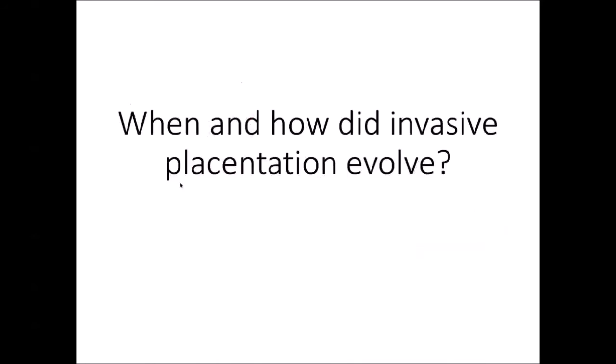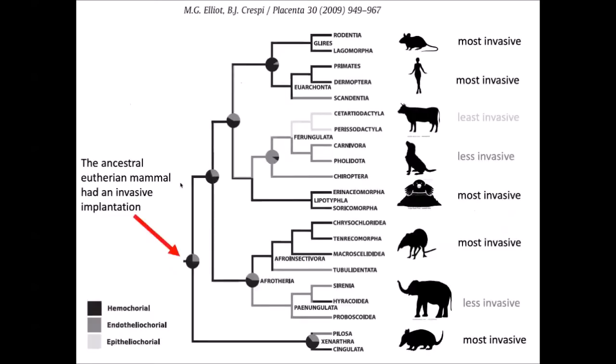Anyway, so then the question is, how and when in evolution did invasive placentation evolve? Now the current consensus is that the placental mammals that you see here have a phylogeny where black is hemochorial, most invasive, and the light gray is epitheliochorial.